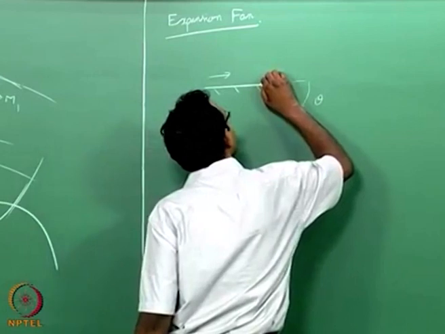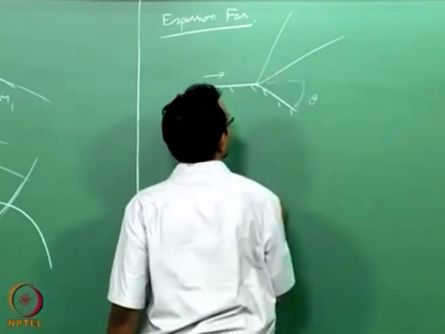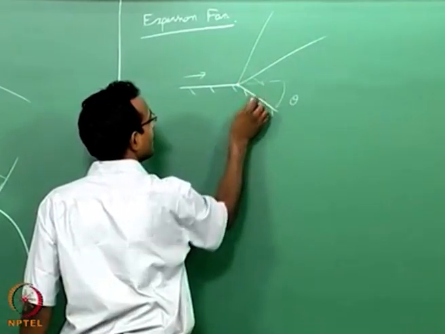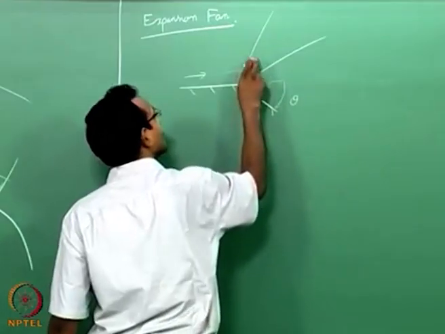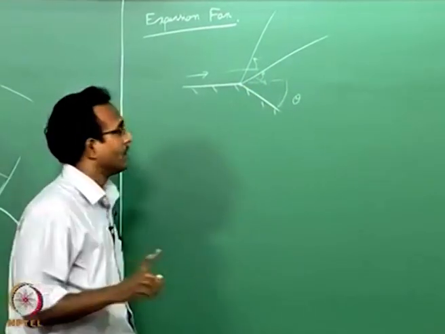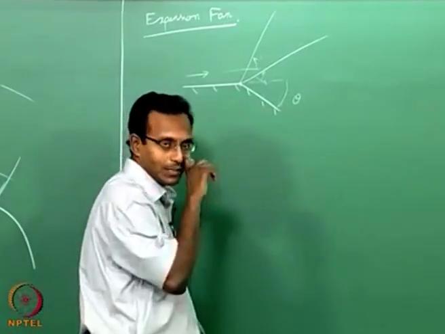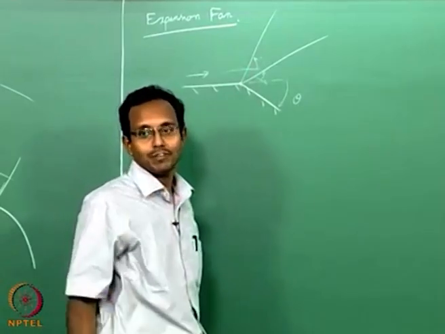If I draw the first Mach wave, let us say it is like this, the last one will be like this. With respect to this local velocity vector, this will be one angle, here this will be another angle. Of course, this angle is more than this angle. This is all we already know. Now, the way to solve it, we already said there are infinite waves sitting inside here. We will just pick a few of them.